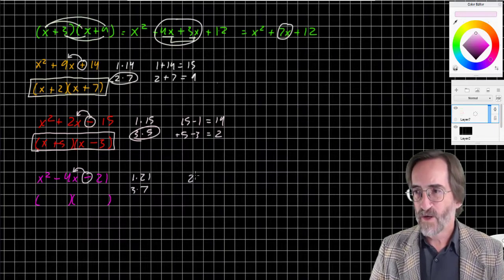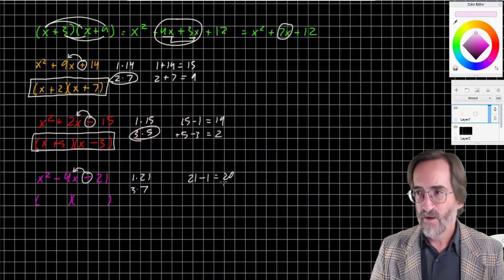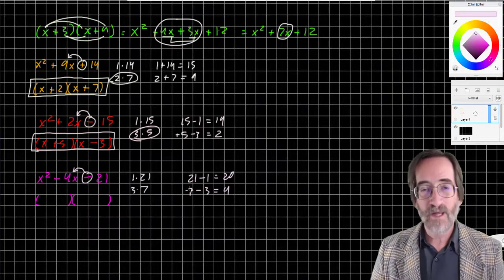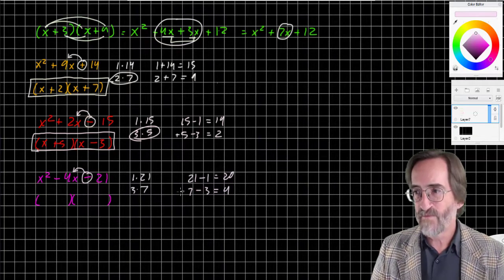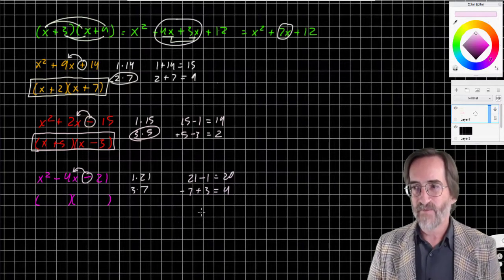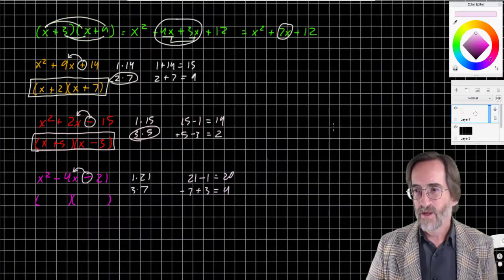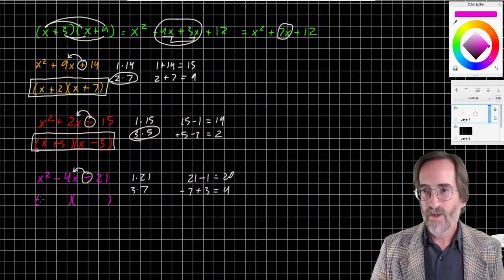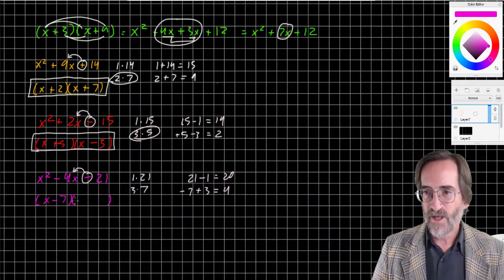Well, 21 minus 1 is 20. 7 minus 3, that's 4, but I need it to be negative 4. That would work if I make the 7 negative and the 3 positive. Negative 7 and 3 makes negative 4. So those are the ones I need. I'm going to use x minus 7 and x plus 3.